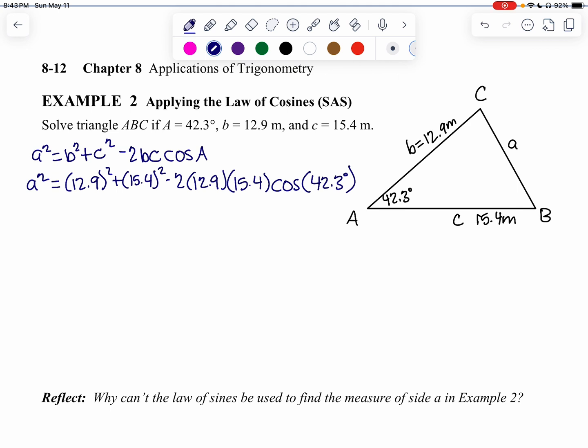Make sure your calculator's in the correct mode. And when you take the square root of all of that, you can even do the square root in your calculator around everything. a is approximately 10.47 meters.